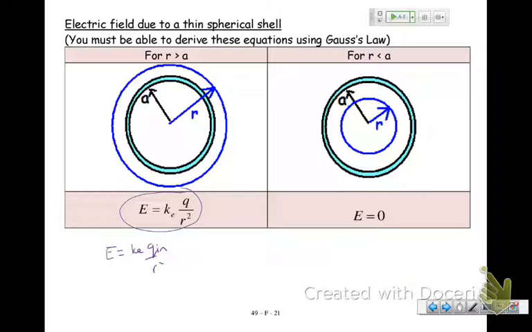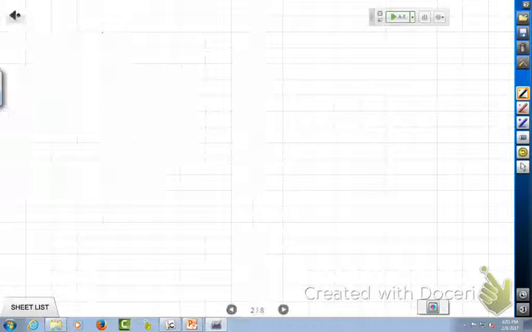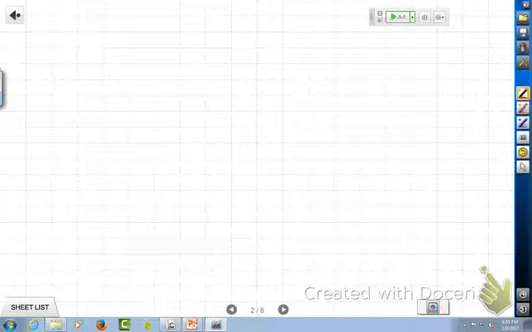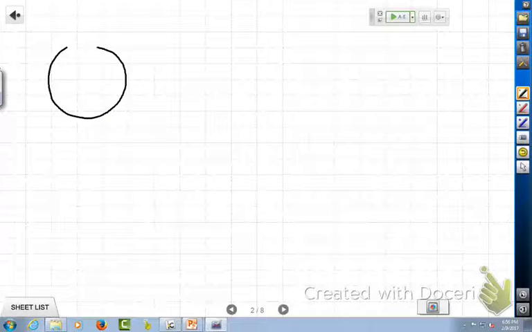Because now our point of interest is inside. So, let's look at this. Our charge is now a shell. My point of interest is here.